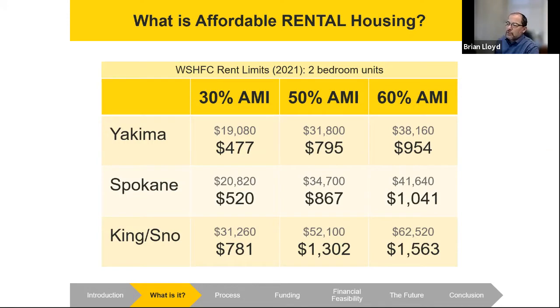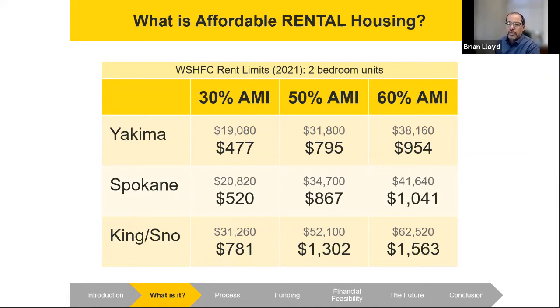So what this means is that a household that's earning up to 30% of area median income would pay $477 or less in order to be considered living in an affordable apartment.